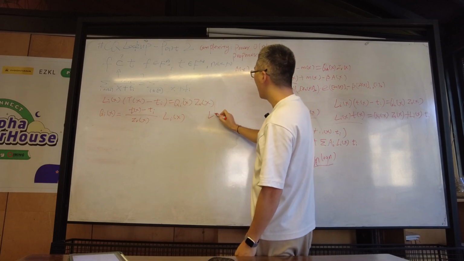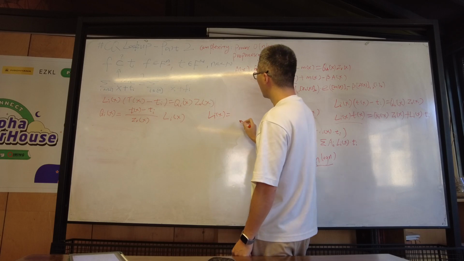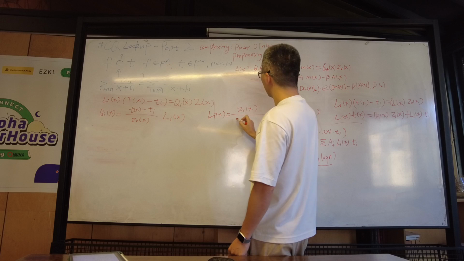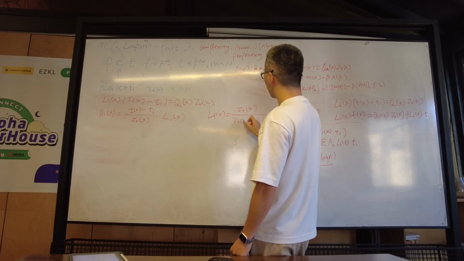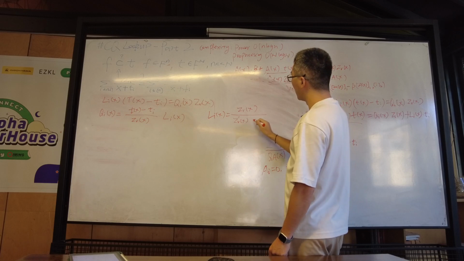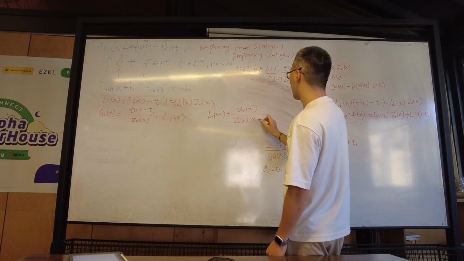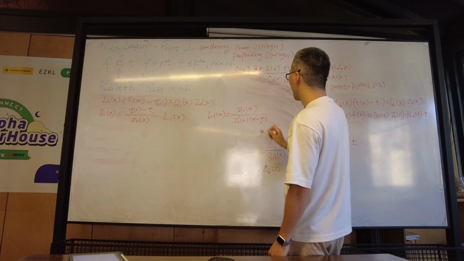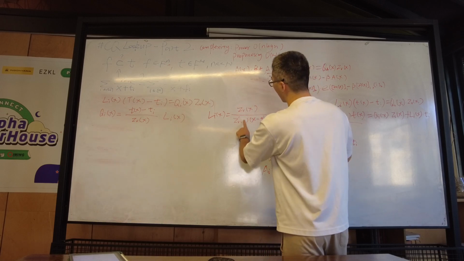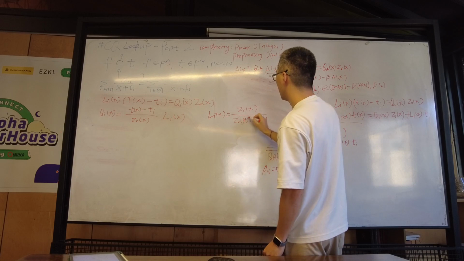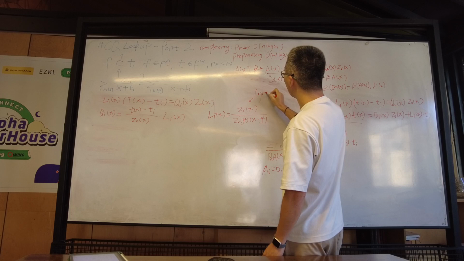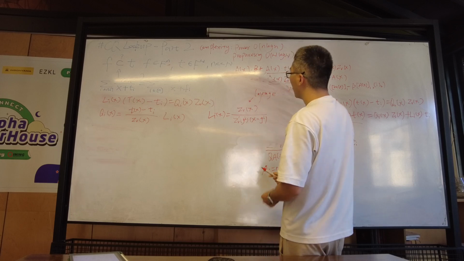So here Li(x) equals Zv(x) derivative, then it is x over Gi. Yeah, this is the Lagrange form.